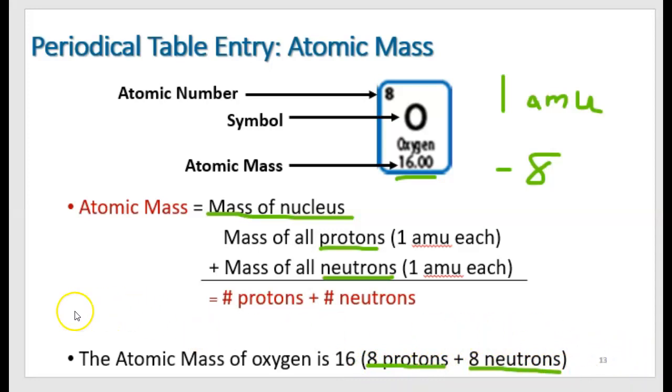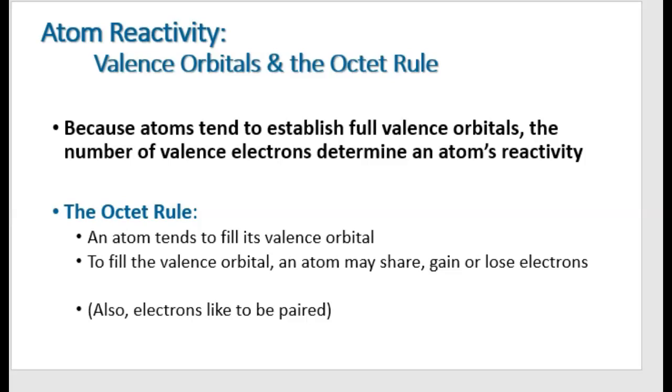We also know that there are 8 electrons, because there are always equal numbers of positive and negative charges. If there are 8 protons, there are always 8 negative charges. We'll do more examples in a little bit.